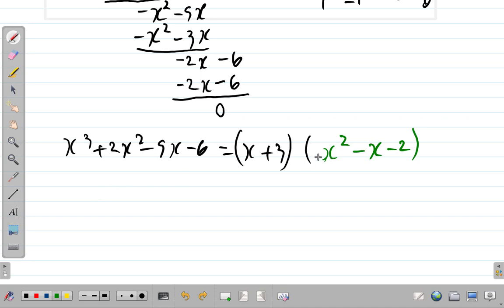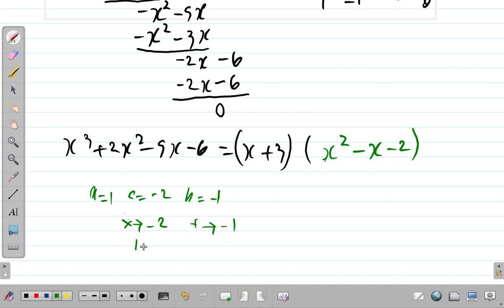Now in this case, a is 1, c is -2, and b is -1. 1 times -2 is -2. What are two numbers that multiply to give -2 and add to give -1? Let's see.